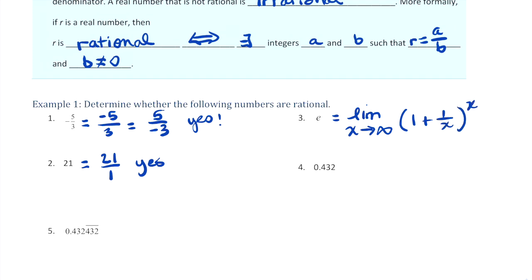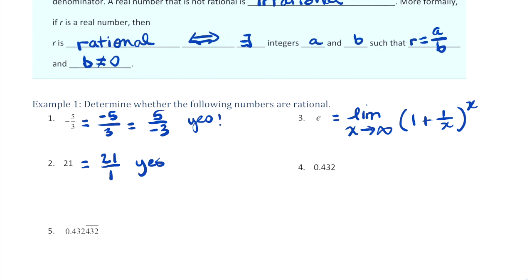I won't do that whole limit for you, but you'll be seeing that in calculus if you have not already. So it ends up being not rational. It approaches a value that we often round to 2.718-ish, but it's not something that can be made into a fraction of integer over integer form.